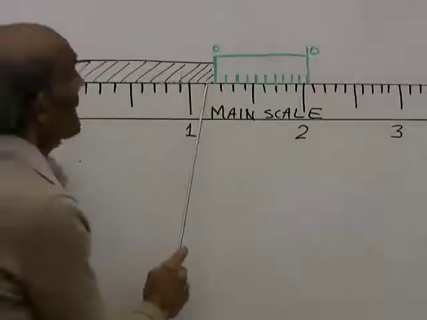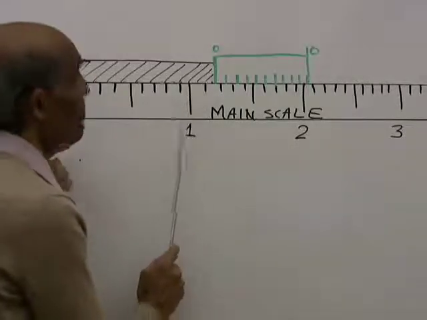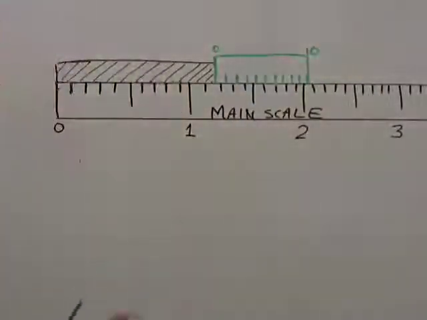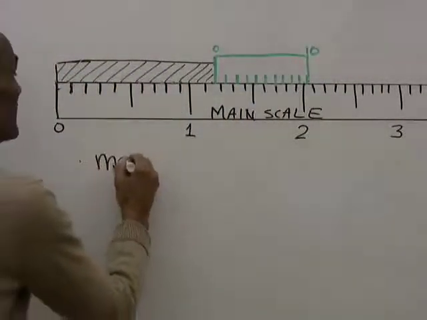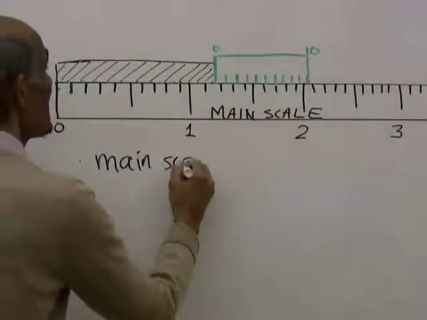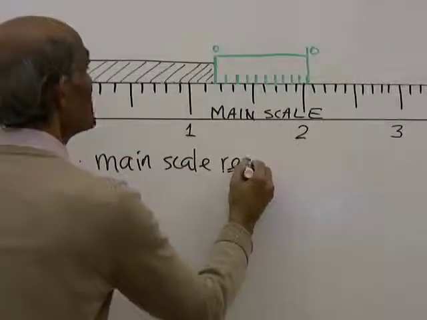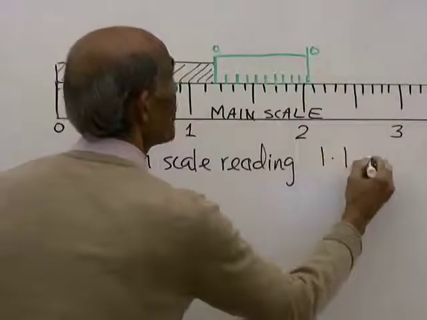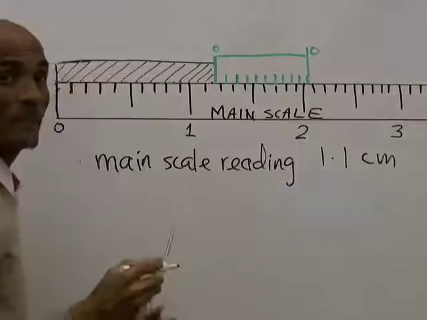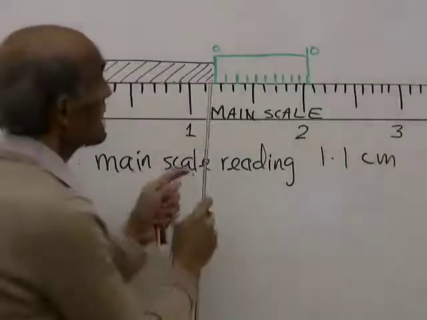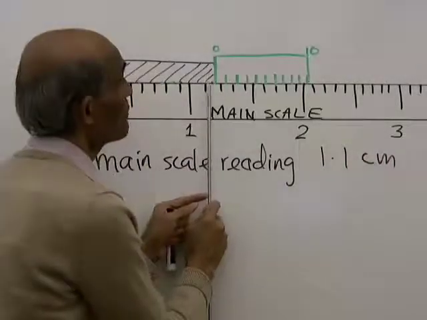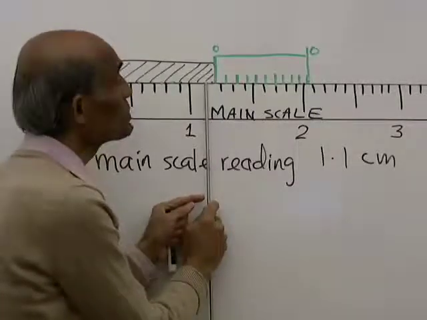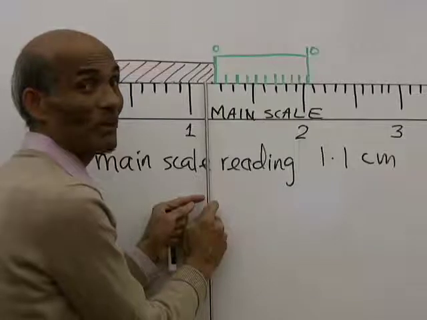If you understood this concept, now tell me, what is the length of this object? I have used this object so that it pushed the vernier to the right. Now I can measure up to 1.1 centimeter, and I'm going to call that the main scale reading. What is my main scale reading? It is 1.1 centimeter. I need to now find how much the vernier 0 has been pushed from 1.1.